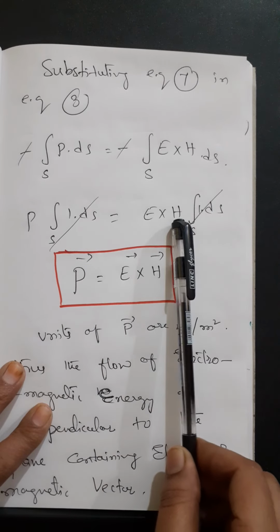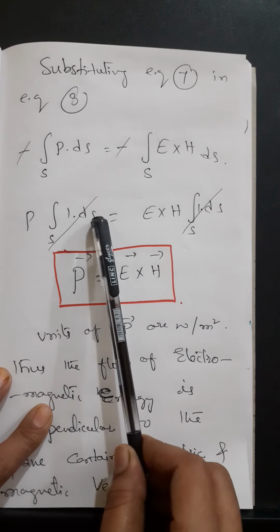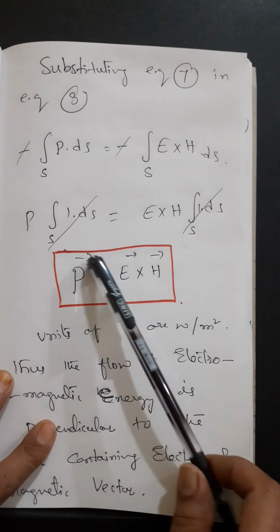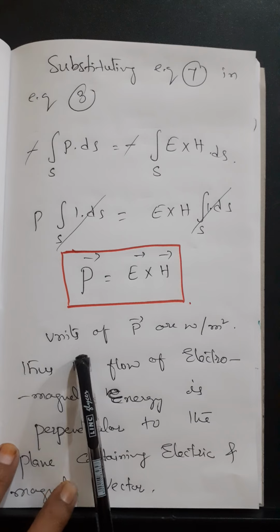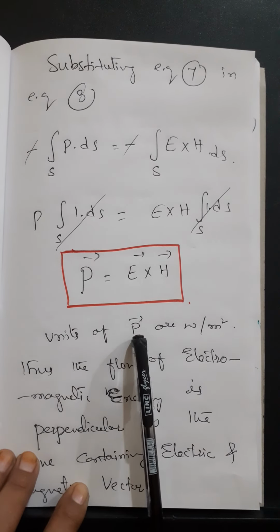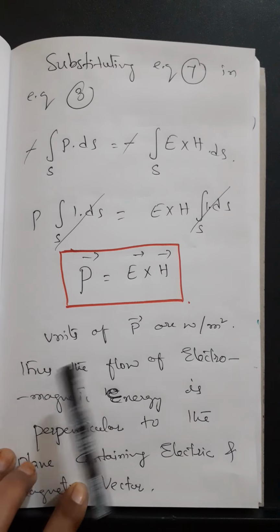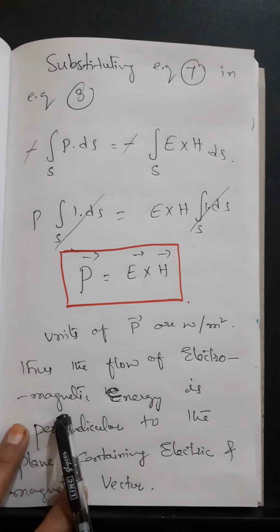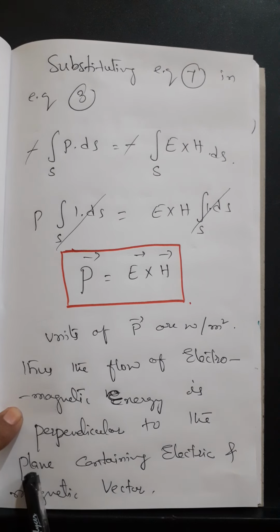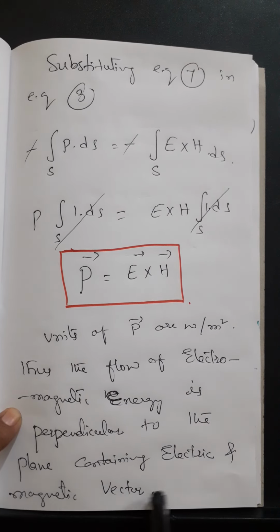The dS gets cancelled, and we get P is equal to E cross H. The unit of the Poynting vector P is watts per meter square. Thus the flow of electromagnetic energy is perpendicular to the plane containing the electric and magnetic vectors.